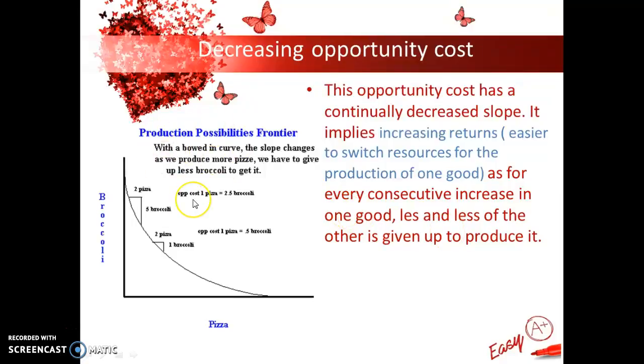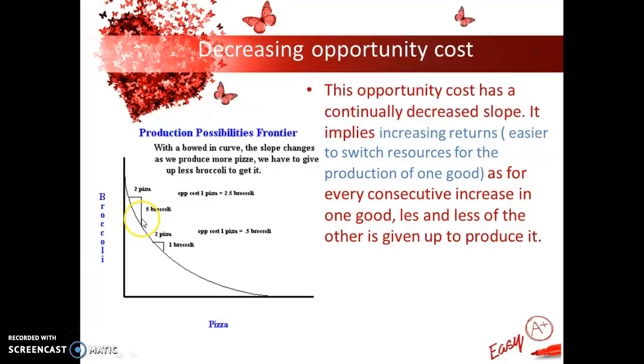So over here, let's just take a look. The company, the country, or firm, whosoever is producing broccoli and pizza, in order to produce more pizza, 2 pizza, they have to give up 5 broccoli, right?